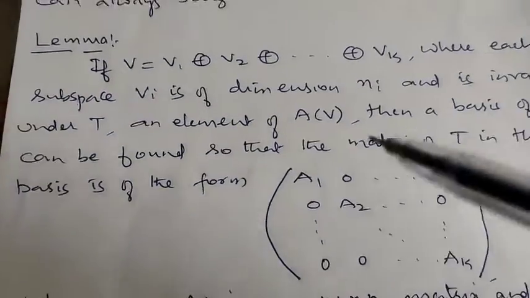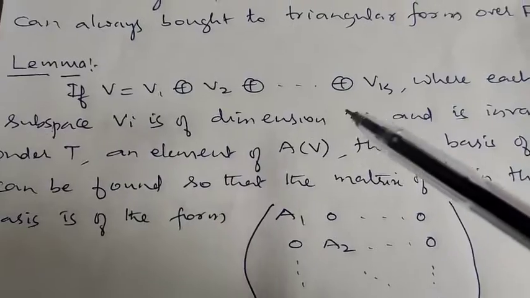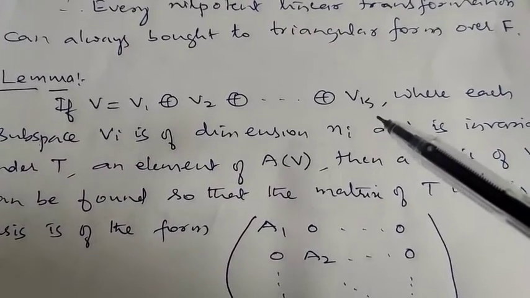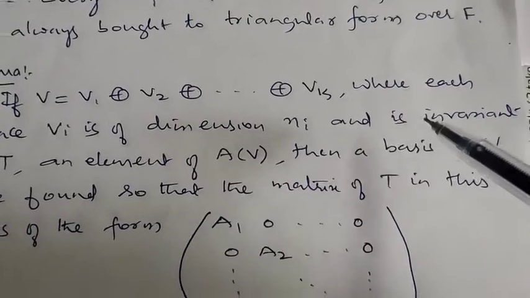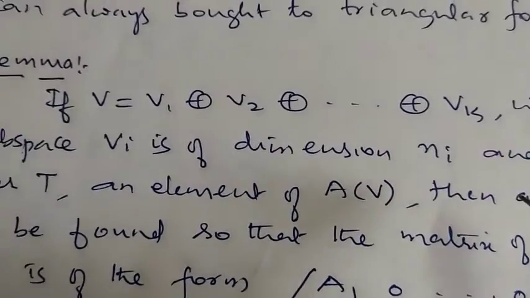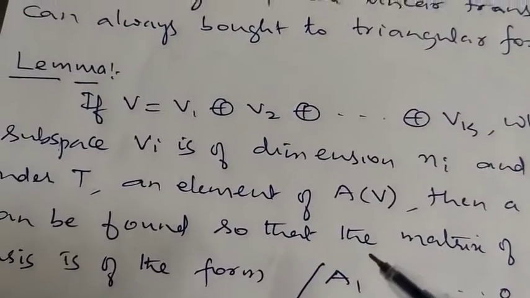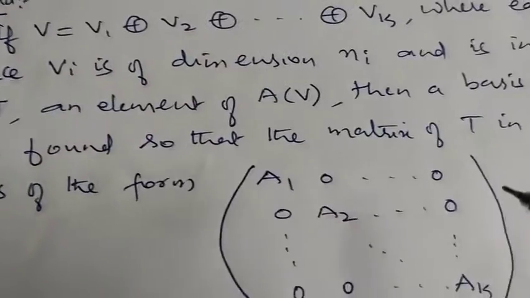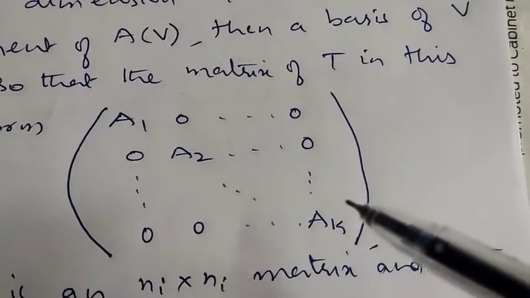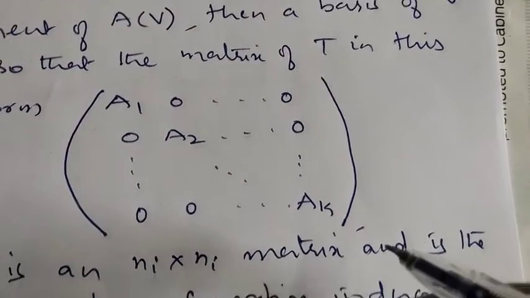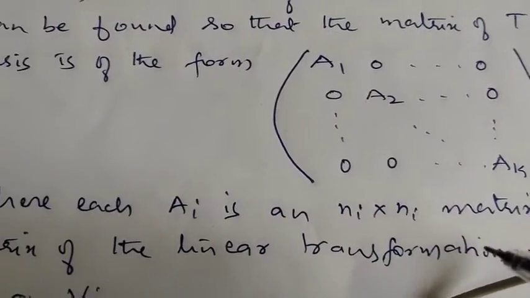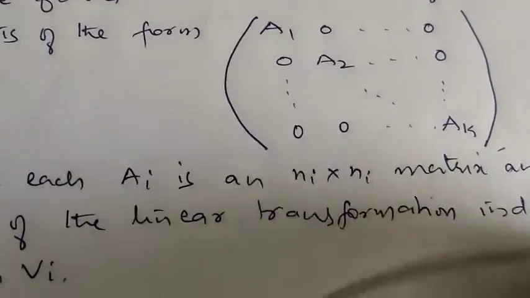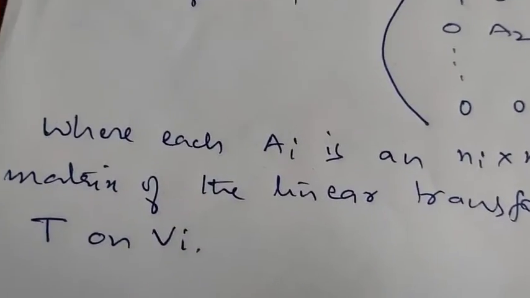Among them, the first one says: if V is the direct sum of V1, V2, etc., Vk, where each Vi is of dimension ni and is invariant under T, an element of A(V), then a basis of V can be found such that the matrix of T in this basis is of the form A1, 0, 0, etc., 0, A2, and so on, 0, 0, etc., Ak, where each Ai is an ni cross ni matrix and is the matrix of the linear transformation induced by T on Vi.